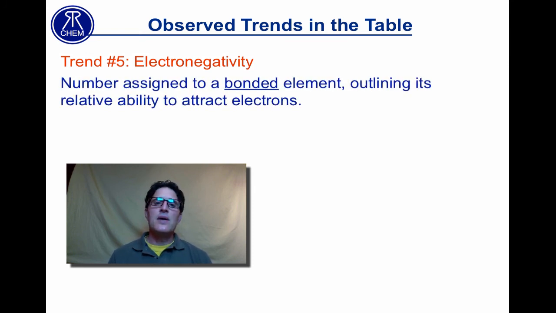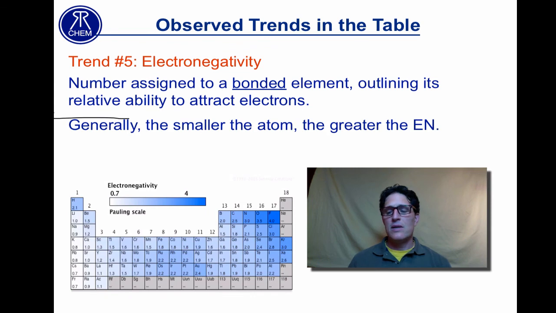So it's a number assigned to a bonded element outlining its relative ability to attract electrons. Now the key word here is relative. What does that mean? It's a relative term, meaning that there is one element that's considered to have the highest electronegativity, and then all other elements are considered relative to it.